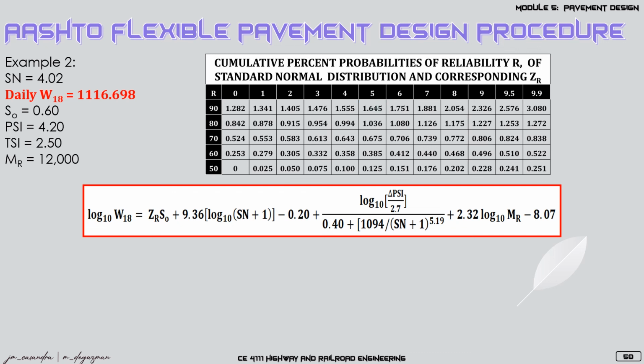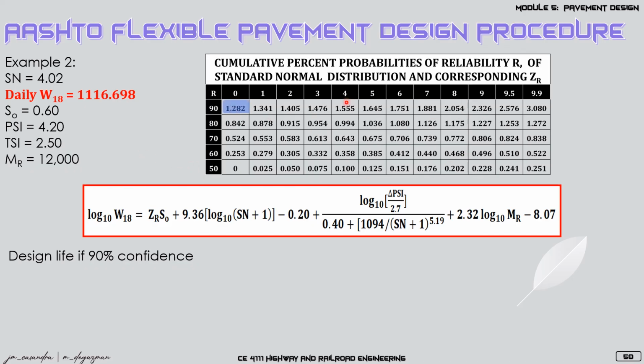For the next problem, we are still using the same givens in our problem and our computed daily traffic. Now, we are 90% confident in the design. So we first look for our Z sub R in our table. For 90%, it is negative 1.282.